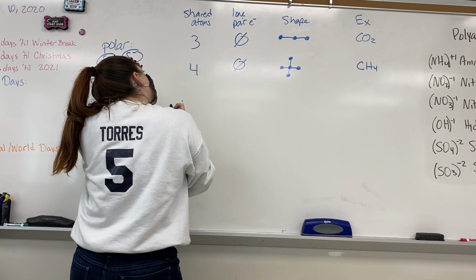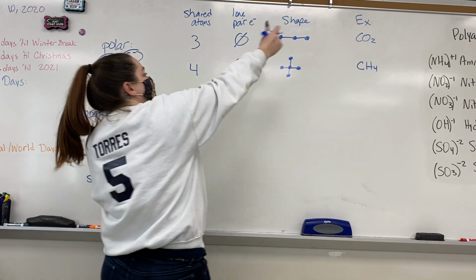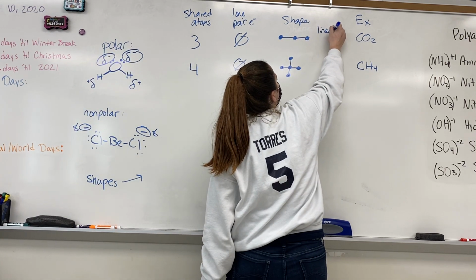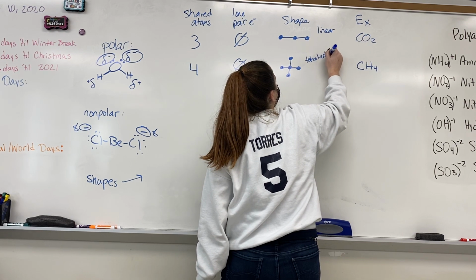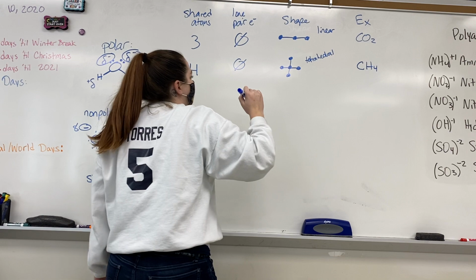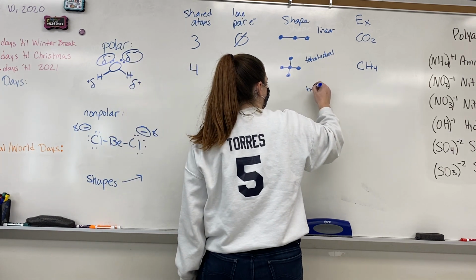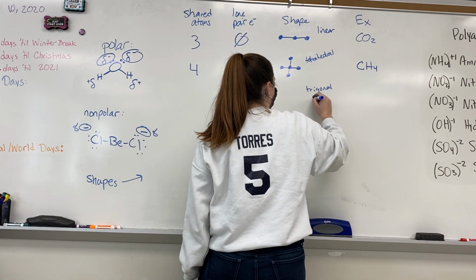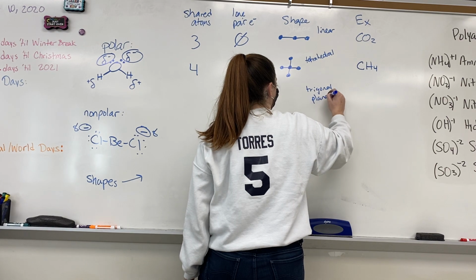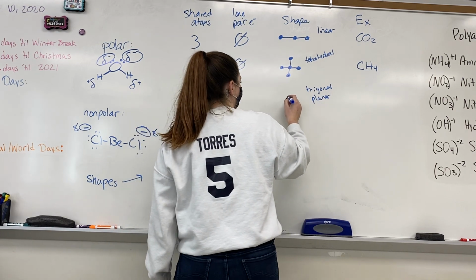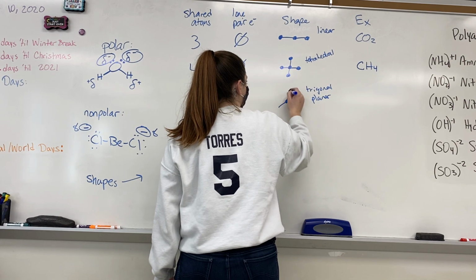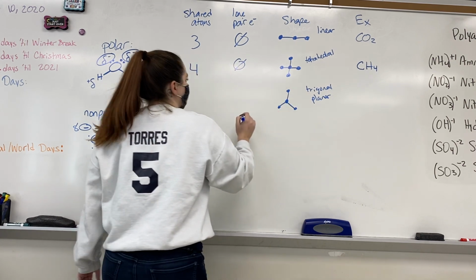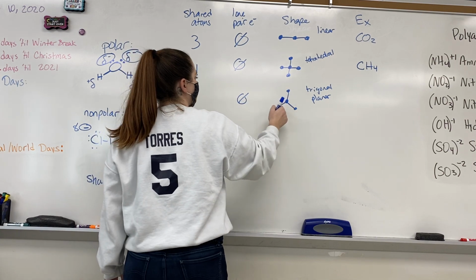If you have, is it 5 or is it 4? What's the second one called? Sorry. This is linear. This is tetrahedral. If you have trigonal planar, that's 1, 2, 3, 4.